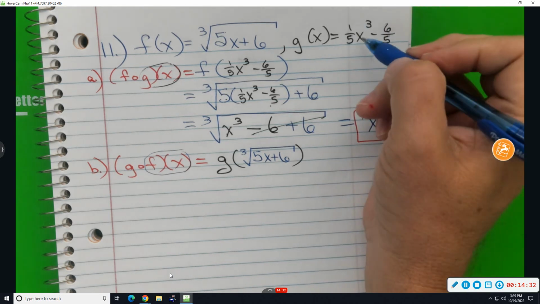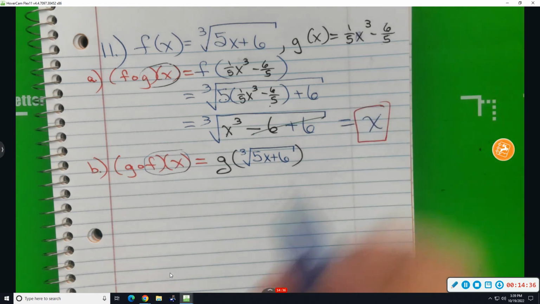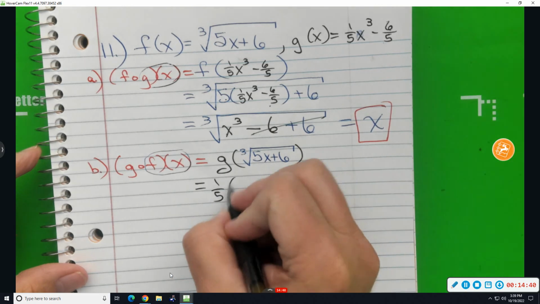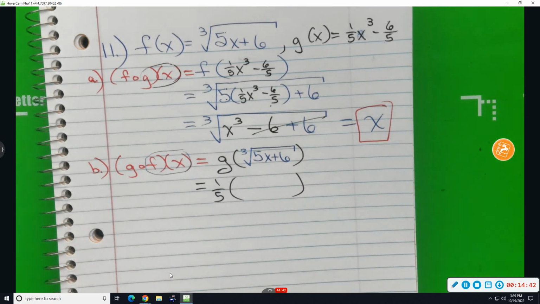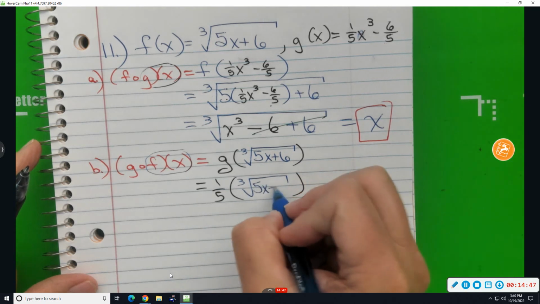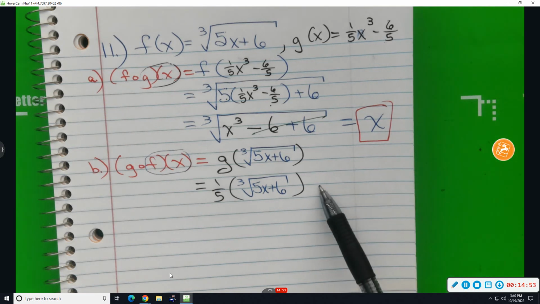So I'm coming up here to g, and where I see that black x, I'm going to replace that with, you have 1/5, replace it with the cube root of 5x plus 6. Do I have anything stuck on here?